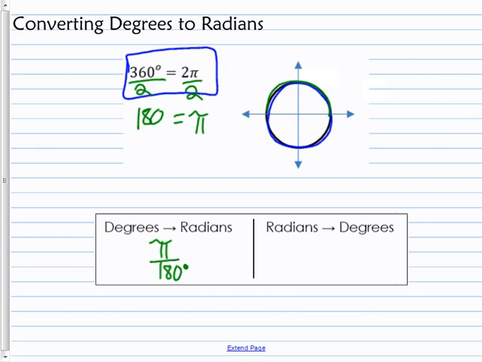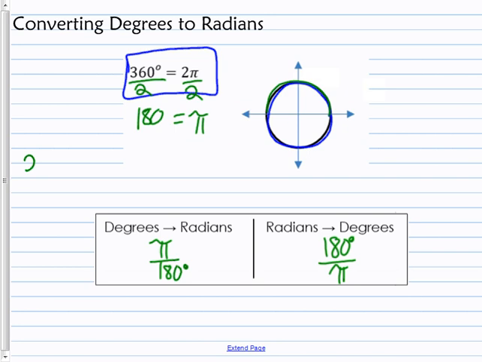But the opposite is true if I want to go from radians to degrees. If I have radians and I want to change it to degrees, I multiply it by 180 degrees over pi radians. And the way you're going to have to remember this, obviously it's just pi and 180, you have to figure out which one is which. But whatever one you're trying to get rid of is the one that goes on the bottom.